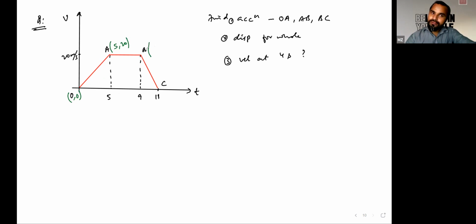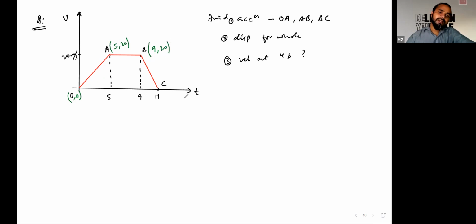Similarly, for defining the coordinate of B, the x coordinate is 9. So B has x coordinate as 9 and its y coordinate as 20.